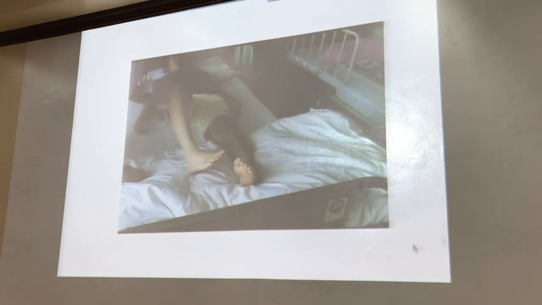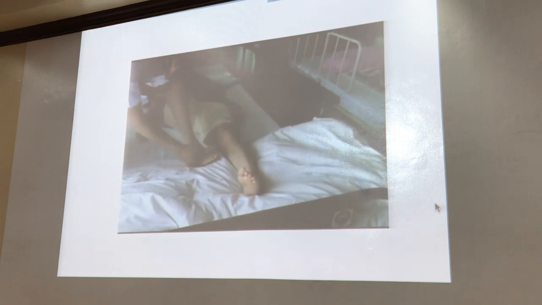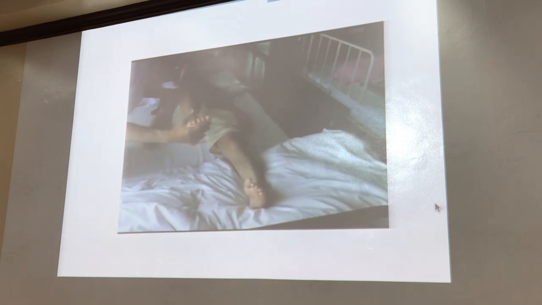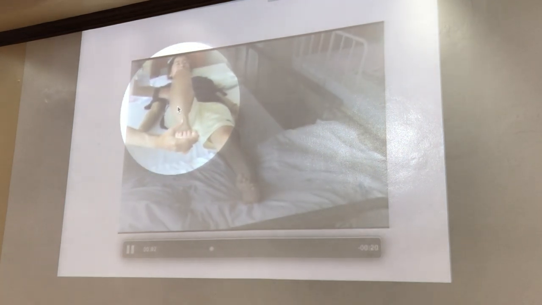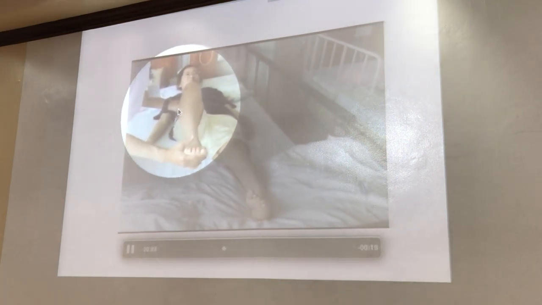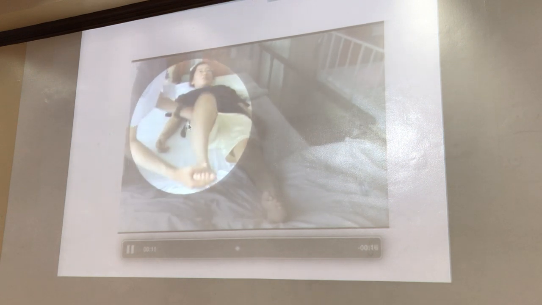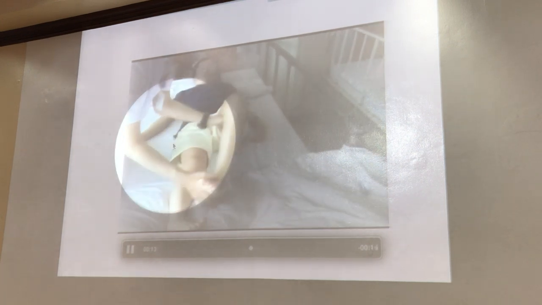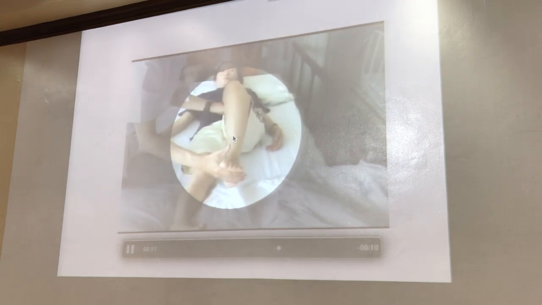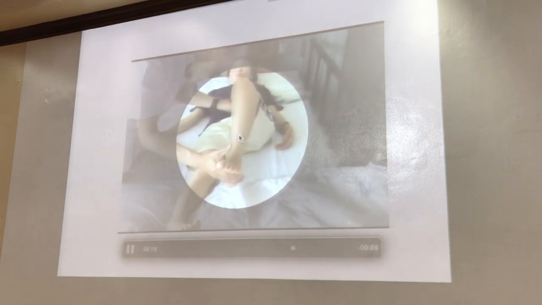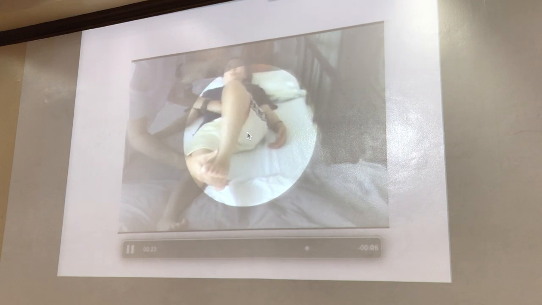Example, this is testing for a, this is what we term as clonus, and this is because of a lesion in the upper motor neuron. Kasi yung inhibition niya regarding muscle contraction.